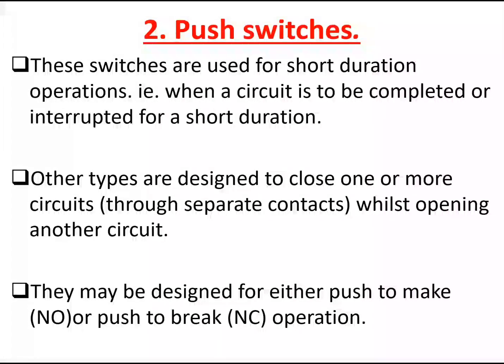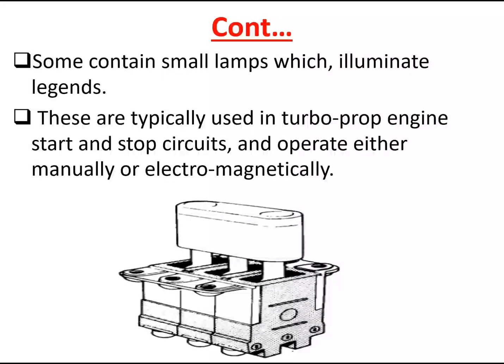They may be designed for either push to make, normally open, or push to break, which is normally closed. Some contain small lamps which illuminate legends. These are typically used in turboprop engine start and stop circuits and operate either manually or electromagnetically.